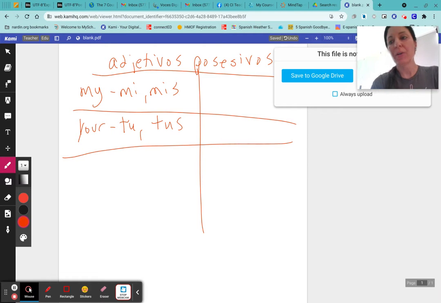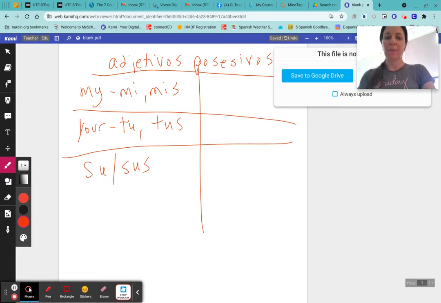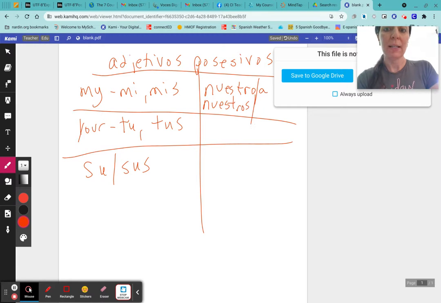To say his or her or you formal, it's going to be su or sus. If it's plural, then it's going to be sus. For our, it's going to be nuestro, or it could be nuestra, and it also could be nuestros or nuestras. 4 different forms, depending on if the thing is singular, plural, or masculine or feminine. We have to take into consideration.